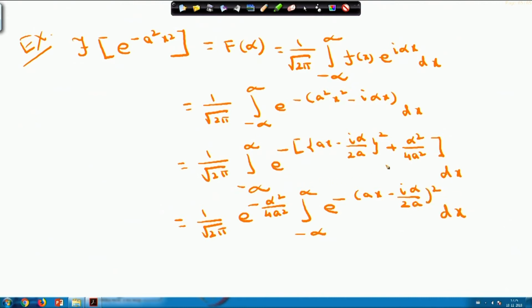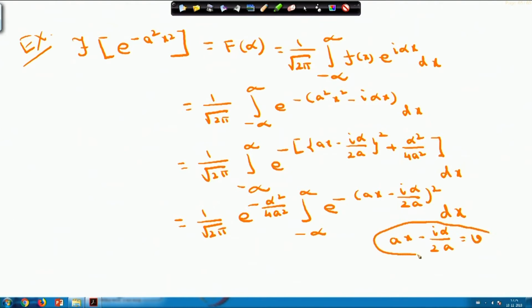So, you are obtaining this e power minus alpha square by 4 a square. Now, to evaluate this again, I put a x minus i alpha by 2 a equals v.